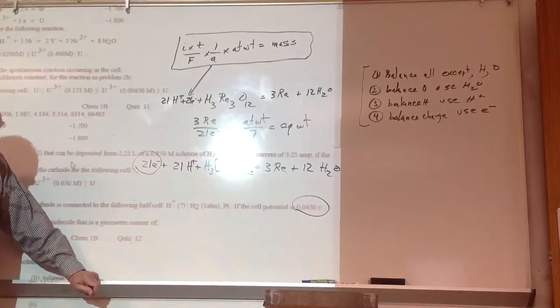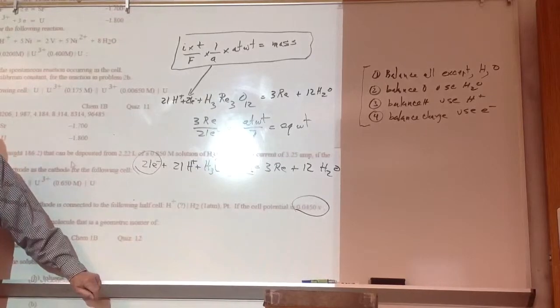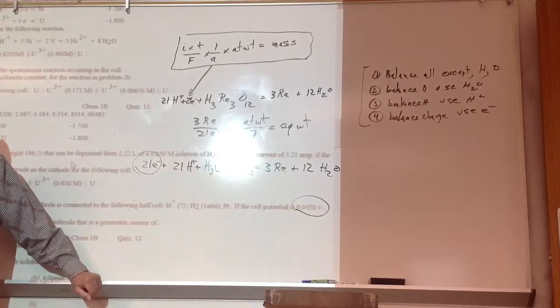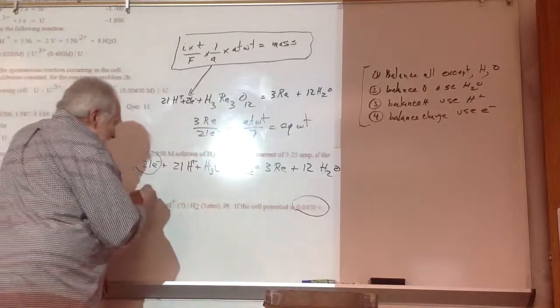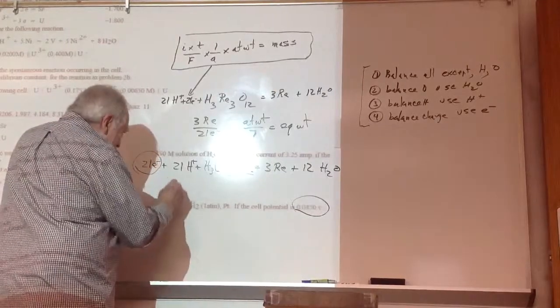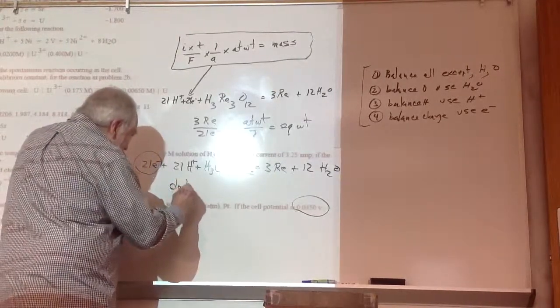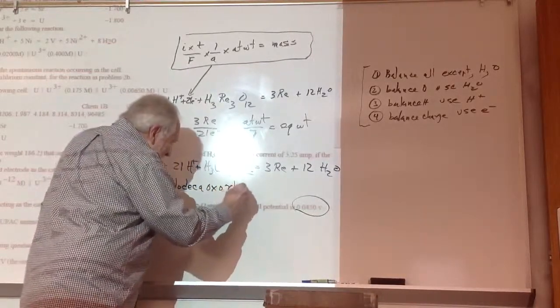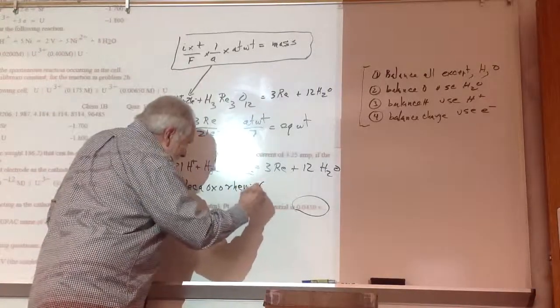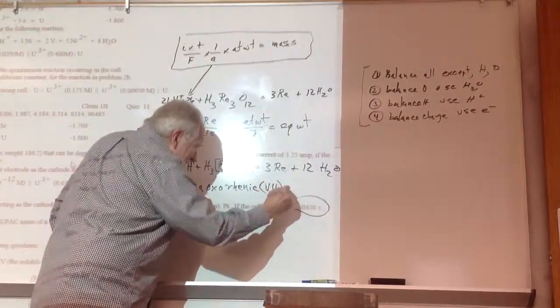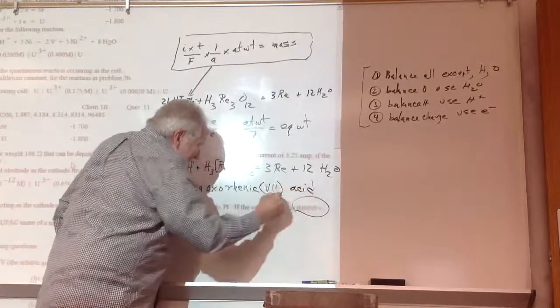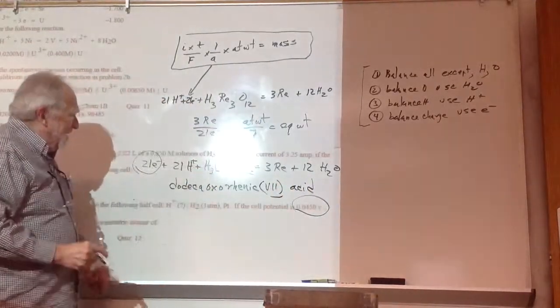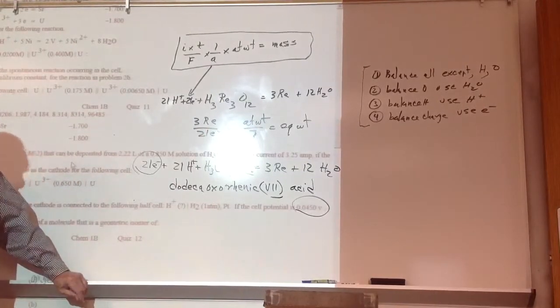But can we name it? We can. You'd say what? You start off with this, deca, oxo, rhen... And the reason I could write 7 down is because that's what I figured out here when I divided out the oxidation state.